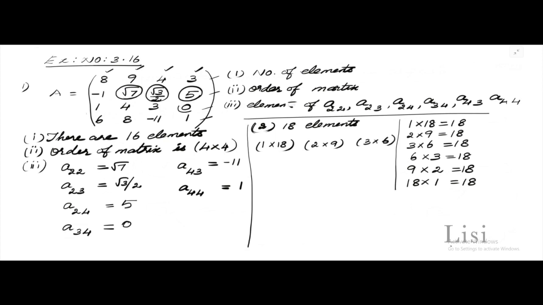From where I am following? Here we have written in the rough. From there only I am copying it. Okay. And then here 6 into 3, it reverses. And here the row and column reverse. 9 into 2 and 18 into 1. Clear? Now just put commas.